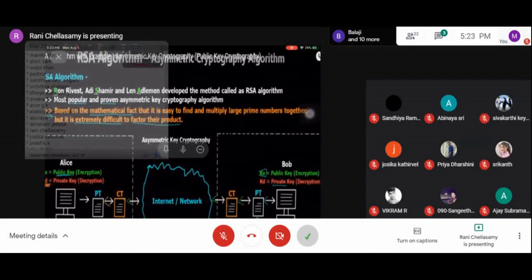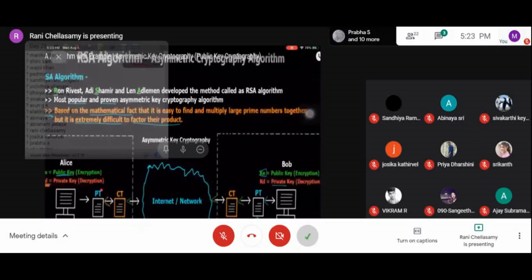With the ciphertext, Alice uses the decryption key, that is the private key, to convert it into plain text. In this way, Bob and Alice transfer messages between them.